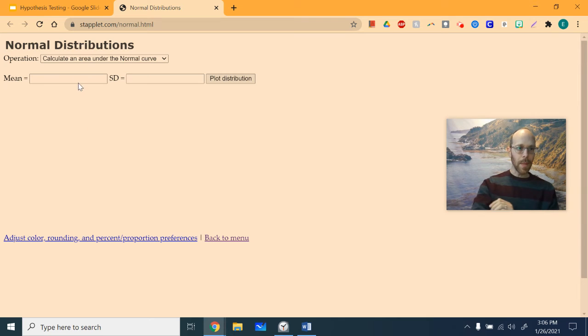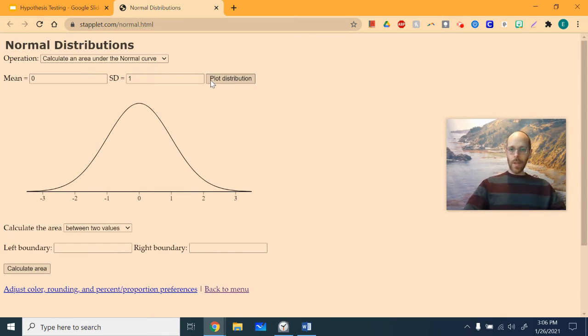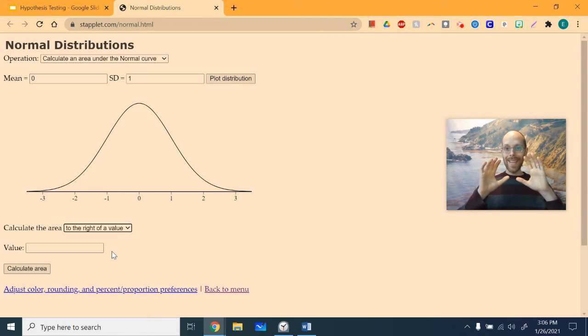You go to Statlet, say mean of 0, always 0 there, standard deviation of 1. There's our standard normal population. Now for this one, I'm going to choose to calculate an area to the right because we're testing the hypothesis that you eat too much, and too much is greater than.